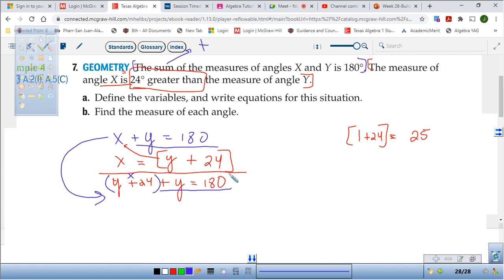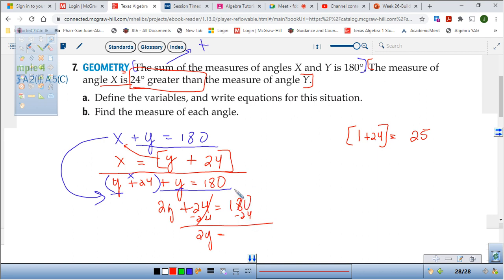Okay, so I should do the math now. This and this give me 2y plus 24 is equal to 180. So I'm going to come here, minus 24. These cancel out, and I'm going to go with 2y is equal to 180 minus 24.